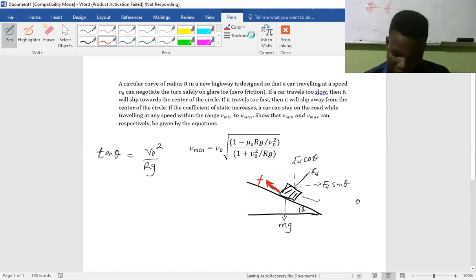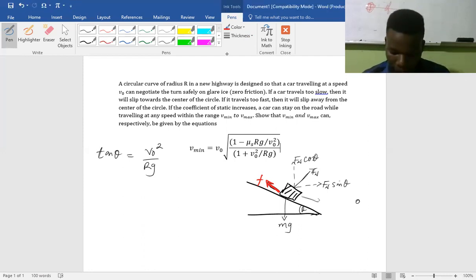Since friction force is going to be in that direction, we know that it's not on a straight line. It's at an angle theta. And it's going to have the vertical and also the horizontal components.